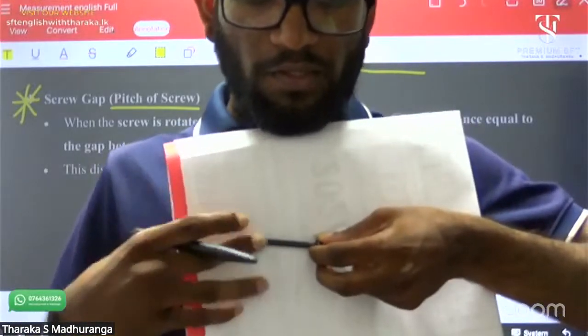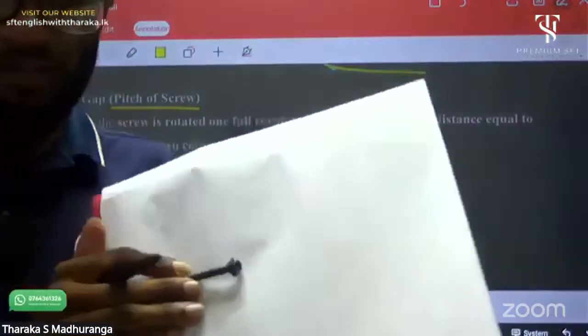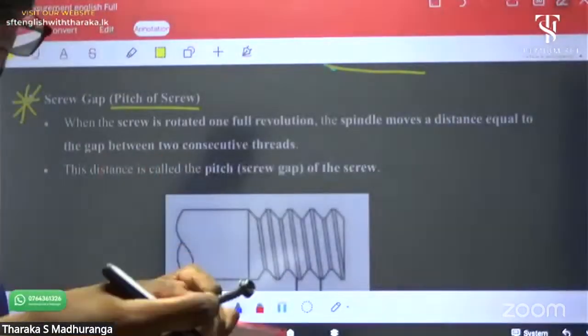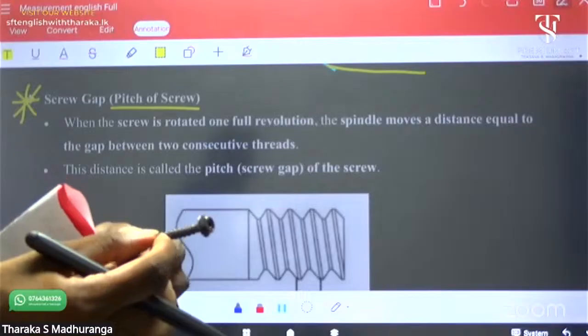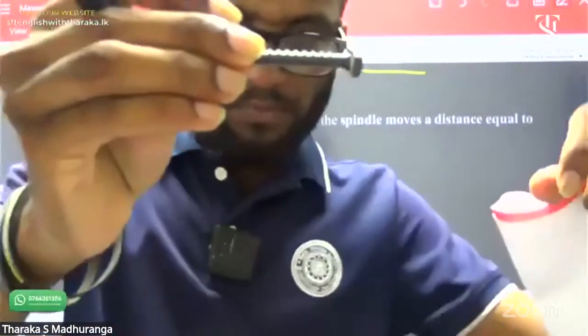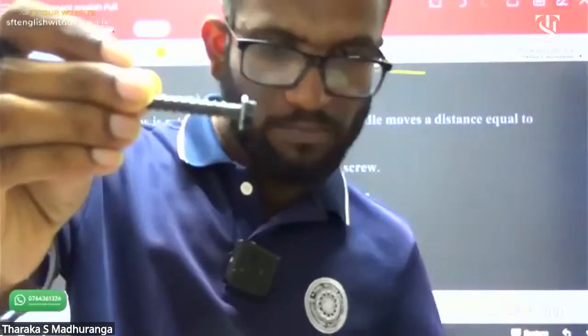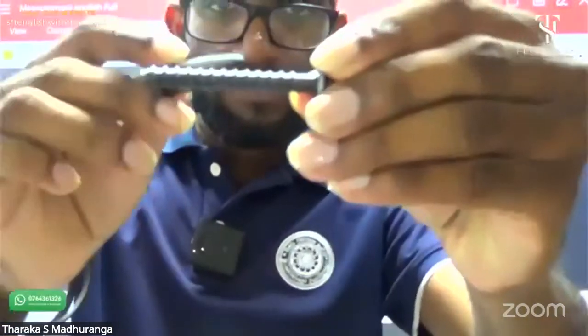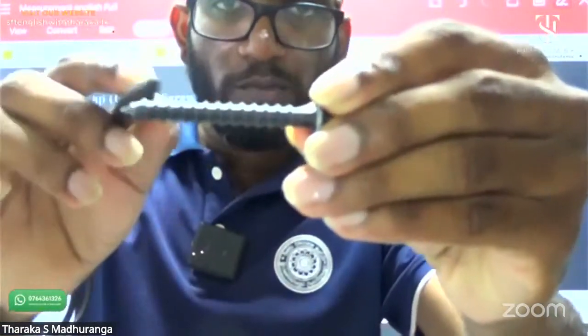Can you see the screw nut has threads? Okay, can you see the threads? Can you see these threads? This is a screw nut with threads.